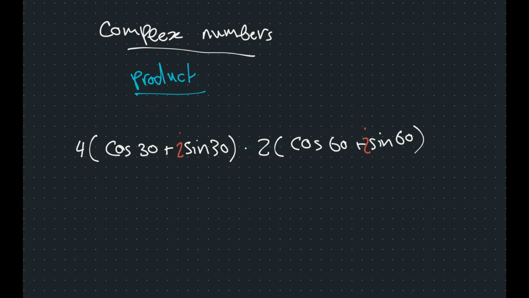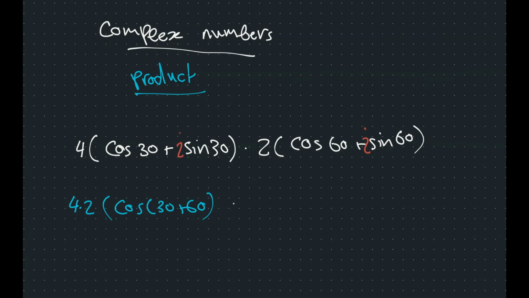So the first step is to multiply the coefficients or the constants here. So 4 times 2, I will leave it here. And then the answer should be cosine of 30 plus 60. So what we will do is basically take this angle and this angle with the cosines and add them together.